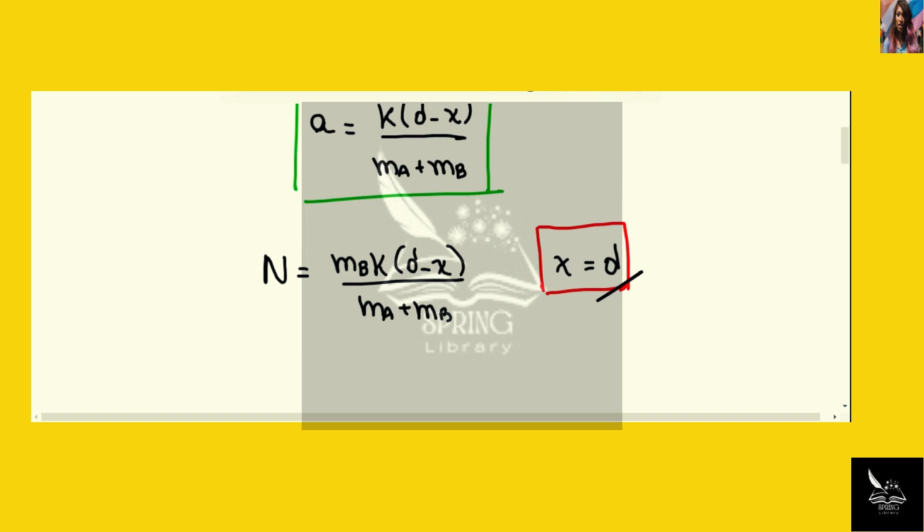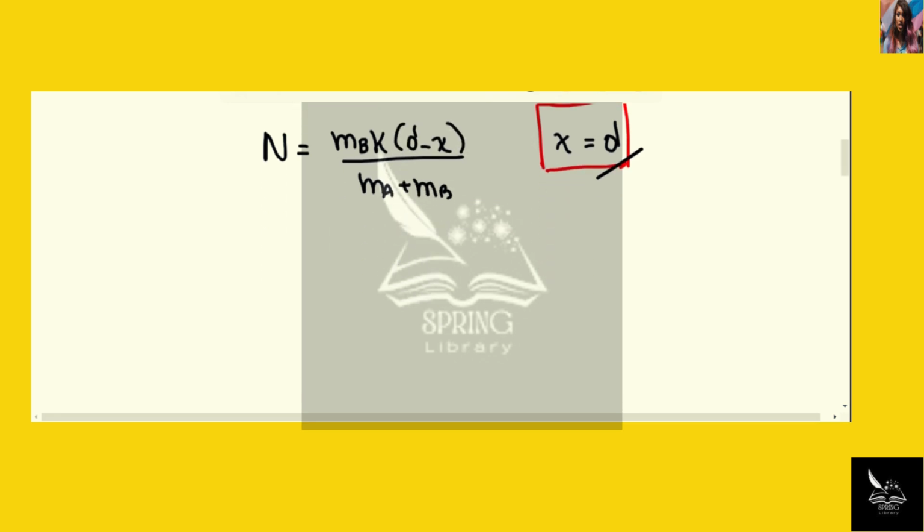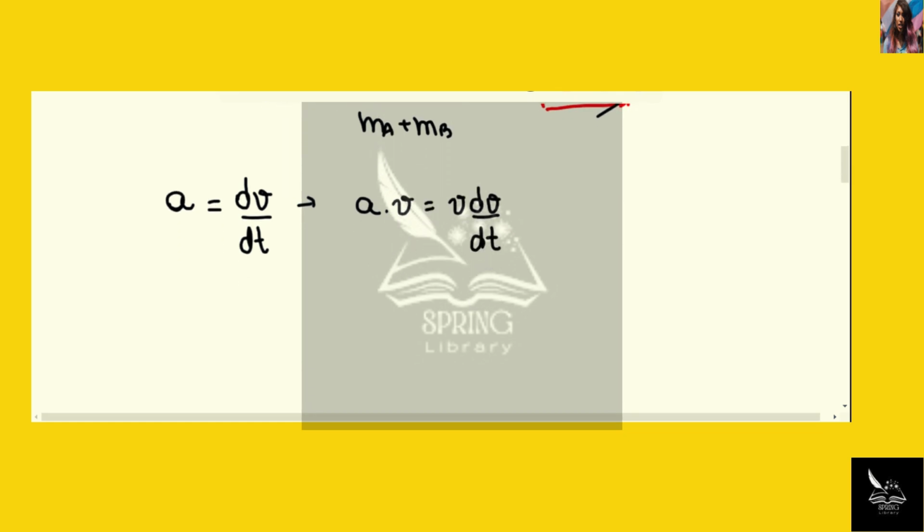Now we can find what is the velocity of the blocks when this starts to happen. So what I'm going to use is that the acceleration is equal to dv dt. I'm going to multiply both sides by v, so we have a times v is equal to v dv dt, and I'm going to write v as dx dt. So I have a dx dt is v dv dt.